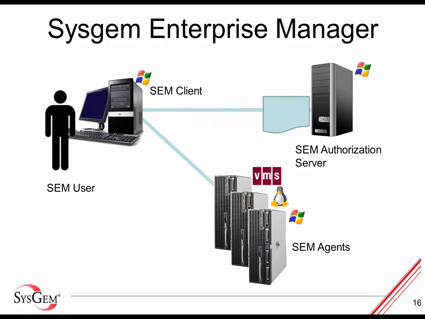The transaction that's transmitted not only contains the input data that's been keyed at the workstation, but it also contains the script which is used to process that input data. So the agent takes the message, executes the script, and then sends the results back to the workstation for display.